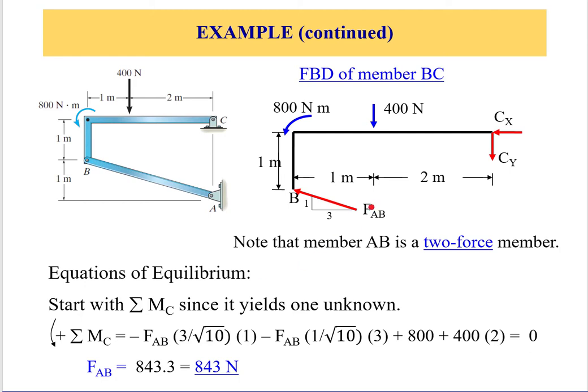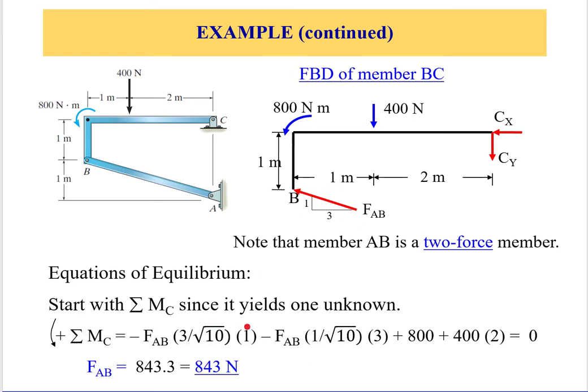So you multiply FAB by the cosine of this angle, which is 3 over the hypotenuse. The hypotenuse is the square root of 9 plus 1, so it's the square root of 10, so it's 3 over root 10. Multiplied by the distance. And what distance are we looking at? We are looking at the distance from here to here. That will cause a clockwise motion, which is negative.